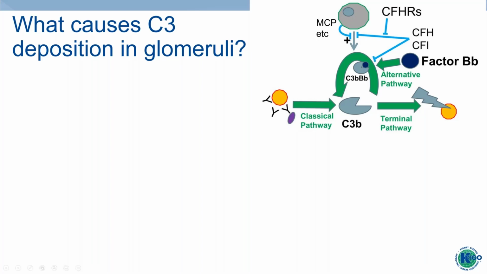It can act as an opsonin. It can also, by binding to activated factor B, cleave more C3 to generate more C3b in a positive feedback loop. This positive feedback loop is regulated by a number of proteins, including the circulating complement factor H and complement factor I, and membrane-bound proteins such as MCP. More recently, it's been appreciated that the factor H related proteins probably inhibit the function of complement factor H.